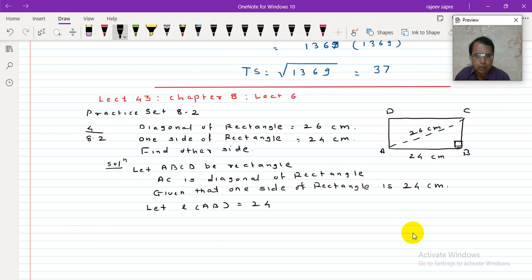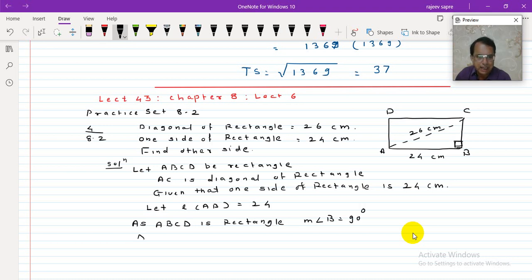Now you can see here that as ABCD is rectangle, measure angle B is 90 degrees.